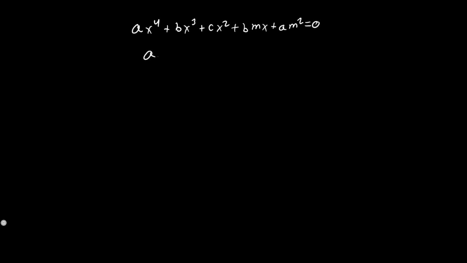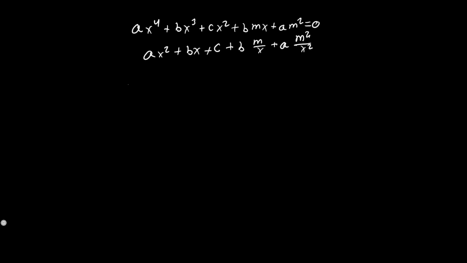So we have a x squared plus b x plus c plus b m over x plus a m squared over x squared. And here we could simply factor out a from x squared and m squared over x squared.